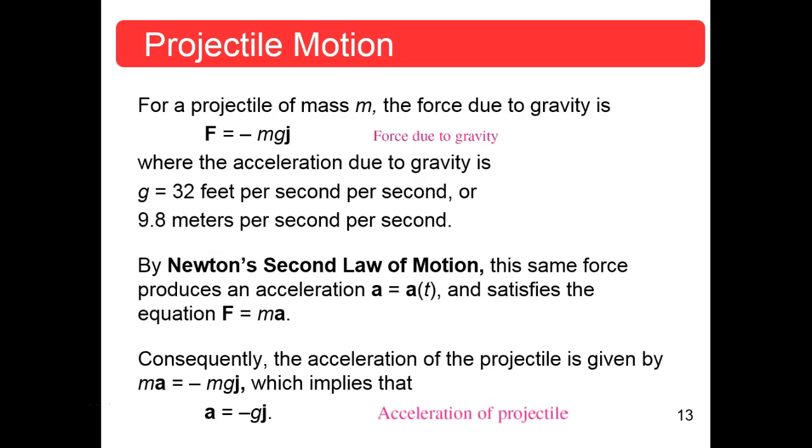Okay. For a projectile of mass m, the force due to gravity, I don't know if y'all remember from your physics, hopefully you do, force is mass times acceleration. The mass m, acceleration is given as a positive quantity, but since it's always pointed downward, that's going to be a minus mg, where g on the surface of the Earth is 9.8 meters per second squared, or 32 feet per second squared, okay?